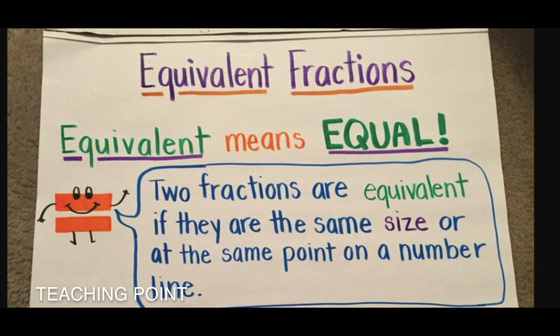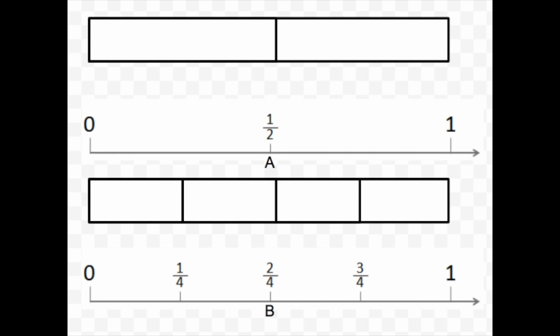Now that we've gone over what fractions are, we're going to be talking about equivalent fractions today. And equivalent means equal. So two fractions are equivalent if they are the same size or they fall on the same point on a number line. So let's show how number lines can help us to show equivalent fractions.